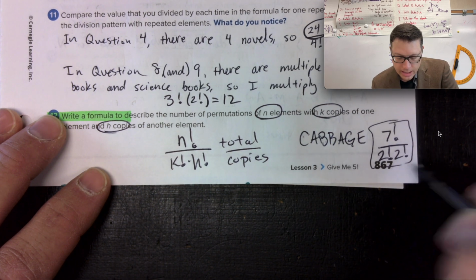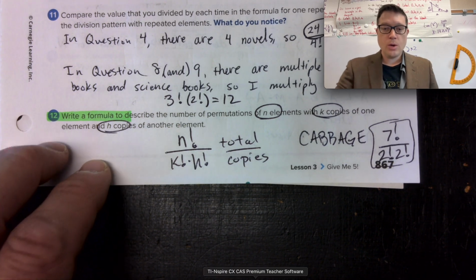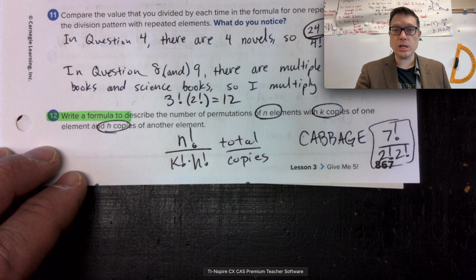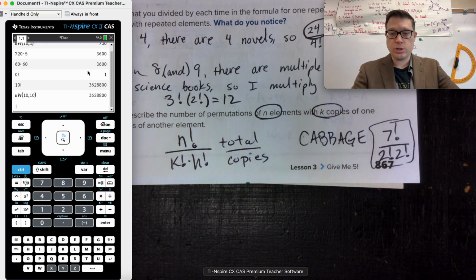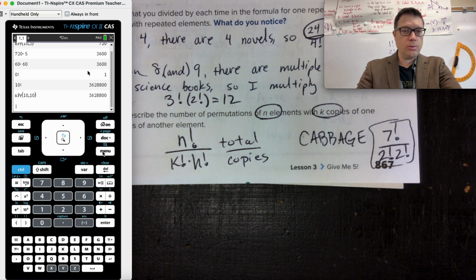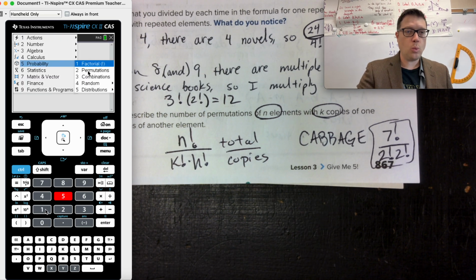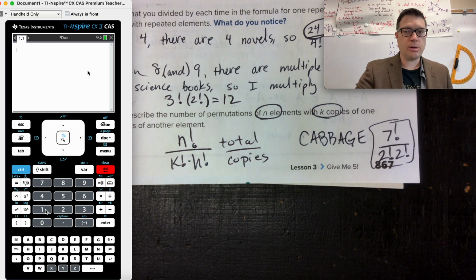When you calculate this, calculator time, we will have the total number of ways to rearrange the letters in the word cabbage. So I'm going to do menu 1, 5. That'll clear the screen. Then I'm going to go menu 5, 1. Ooh, I need to actually put some numbers in here. I'm going to go 7 menu 5, 1 divided by, I think I like this button, control divide.